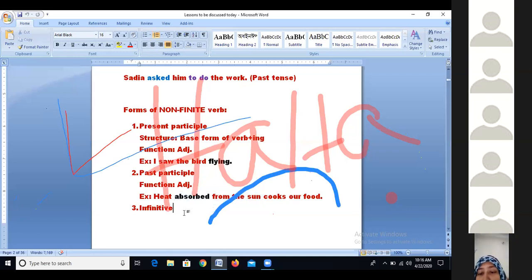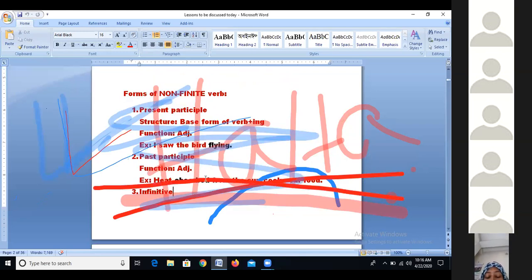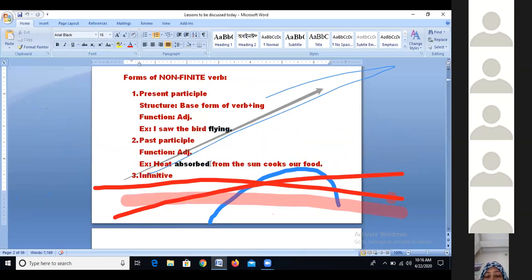This very part is doing the function of adjective because it shows the quality or it qualifies heat. So what type of heat cooks our food? The heat which is absorbed from the sun can cook our food. For that reason, we call it non-finite verb, and it is in the form of past participle.